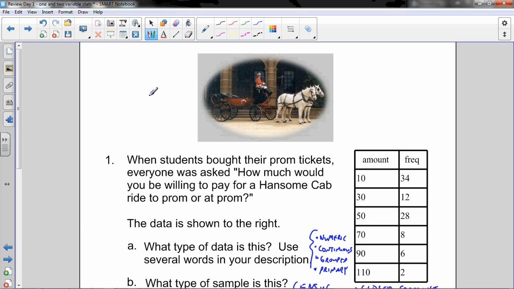I asked my data management class what kind of theme they wanted for their review, and it was a second semester thing, and all the drama at the time was the prom committee wanted to have horse and buggy rides available or included in their prom ticket price, and so there was a bunch of drama and everyone was angry or excited about this, and so you get to enjoy horse and buggy questions for your review. So anyway, let's get through it.